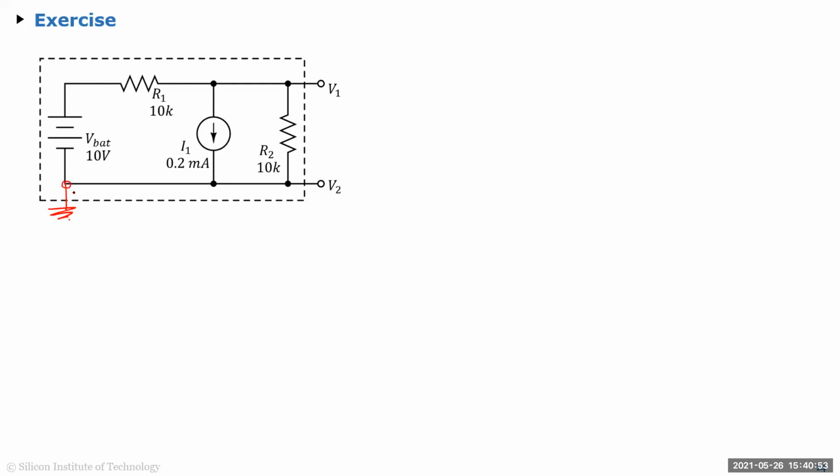Because that's the negative side of the battery. If you take that as a reference, then V2 is 0 volts. That's your reference ground right now. And for this one, you don't have to do anything because you know this is going to be 10 volt, because this is the ideal source. So you're left with only V1, just one node, right?